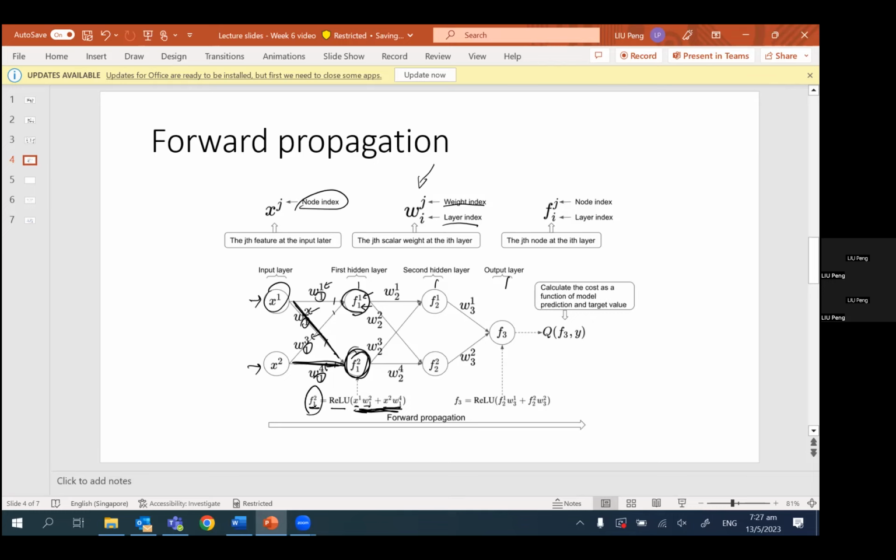So this is exactly how we would get the intermediate output for the linear regression. The only thing is we are overlaying rectified linear units, the non-linearity function. All right.